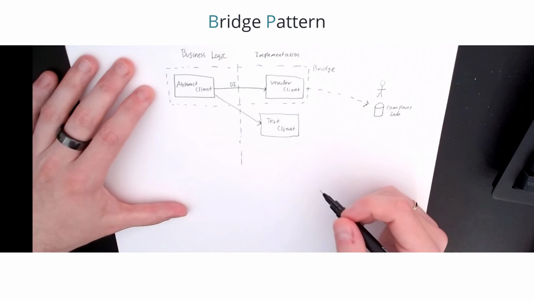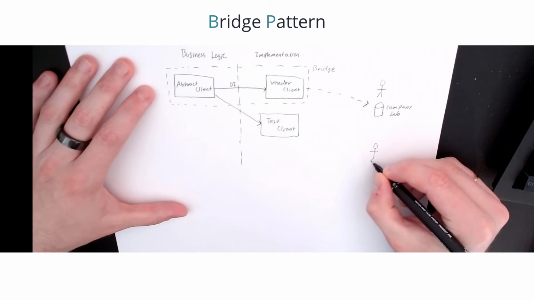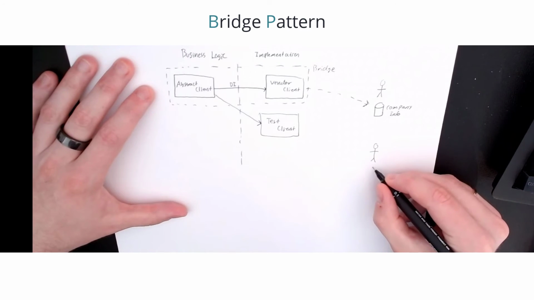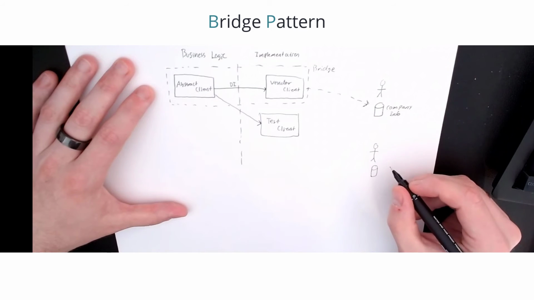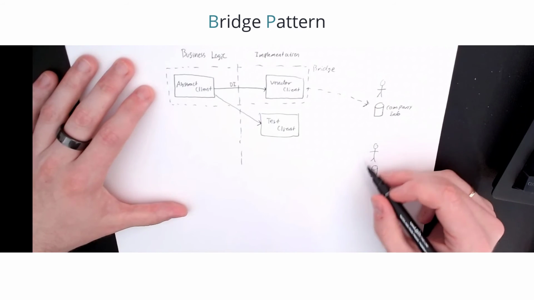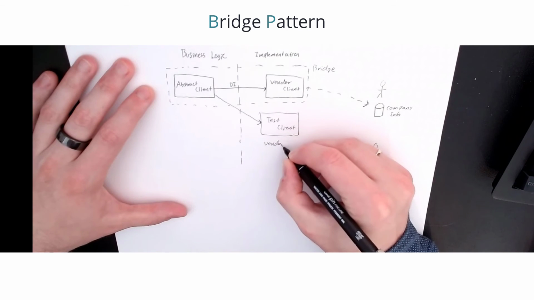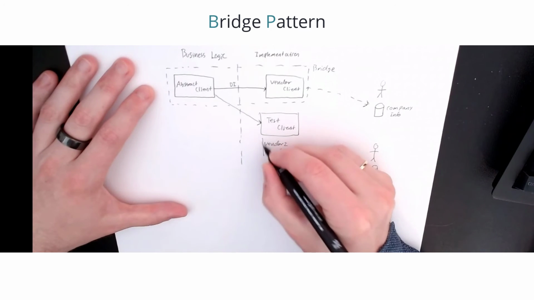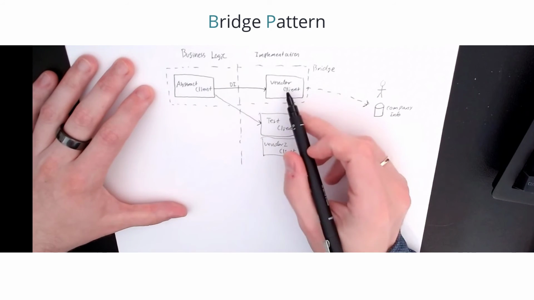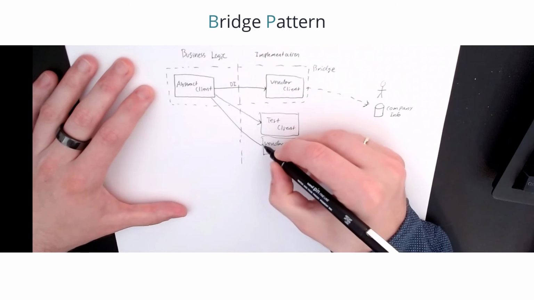An additional benefit is that let's say we have a new vendor coming online, and they're way cheaper than the initial one. But we are unsure about the quality of their connectivity, so we can actually make a vendor 2 client and have that live at the same time as our vendor client, and the abstract client can use that as well.